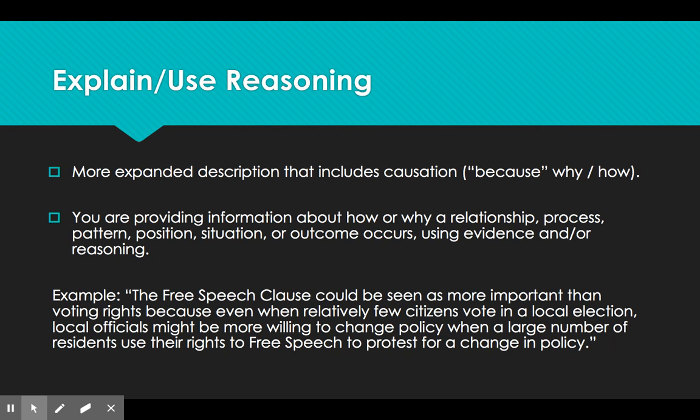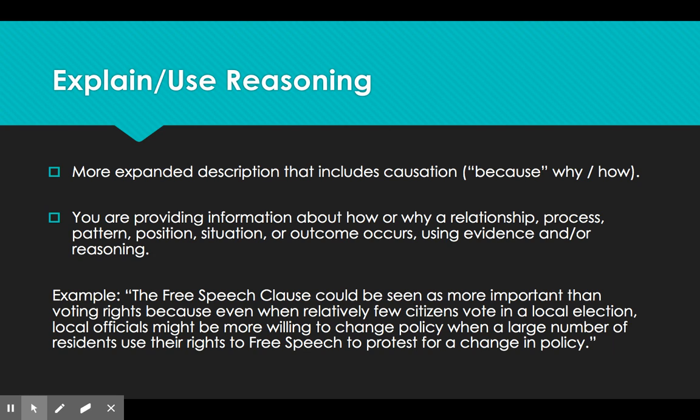And then another one is explain or use reasoning. So this is a more expanded description that includes causation. So you want to include that because or that why or how. So you're providing information about how or why a relationship, process, pattern, situation, or outcome occurs, and you're using that evidence or reasoning.